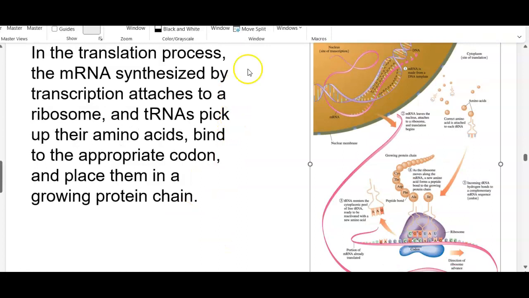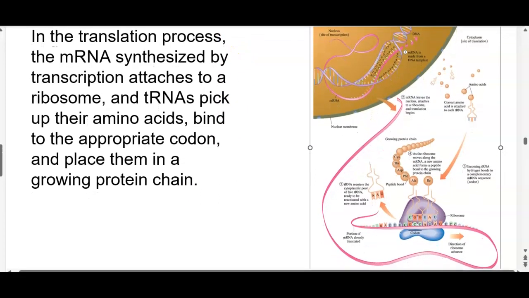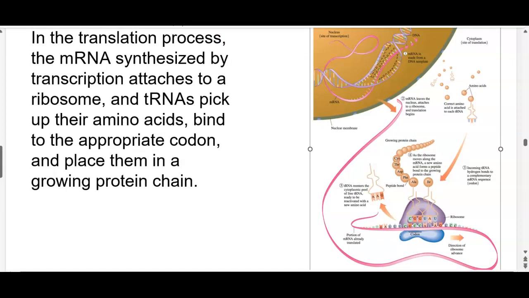So here we have a summary of the process. This is in your text. There are 5 numbered steps here. It starts in the nucleus, where the messenger RNA is synthesized using DNA as a template, and you see the bases pairing, and you see the gene itself.